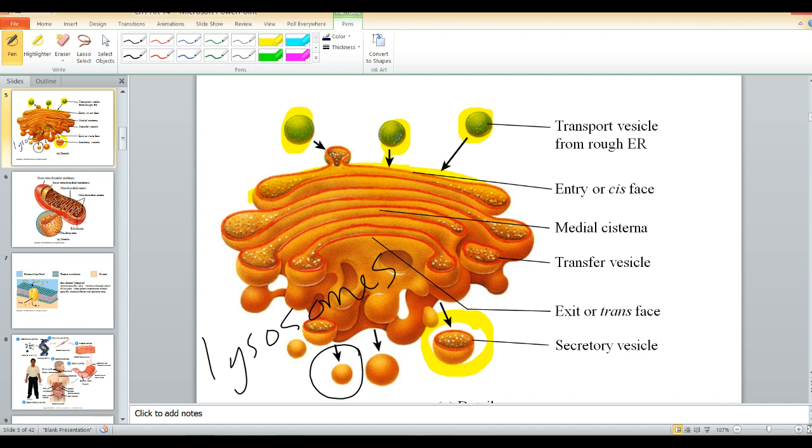Lysosomes are going to be small vesicles that package digestive molecules in them. So a lot of times people refer to the lysosomes as the garbage can of the cell. And what lysosomes do is they're going to fuse with debris in the cell, old organelles. They're actually going to fuse with it and break down that material for trash.